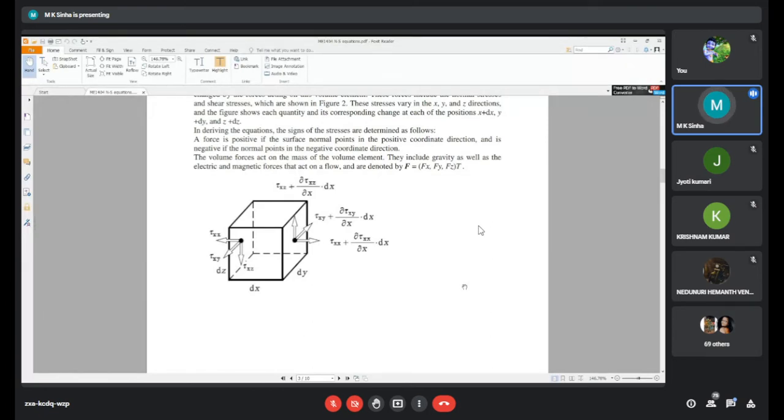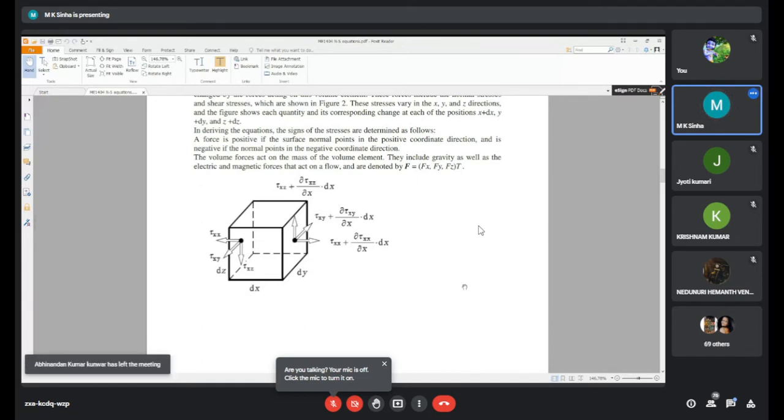And similarly, the other stresses acting on this fluid element: the double-subscript tau xy acts along the x-axis, normal to the y direction, but changing with the length dx.